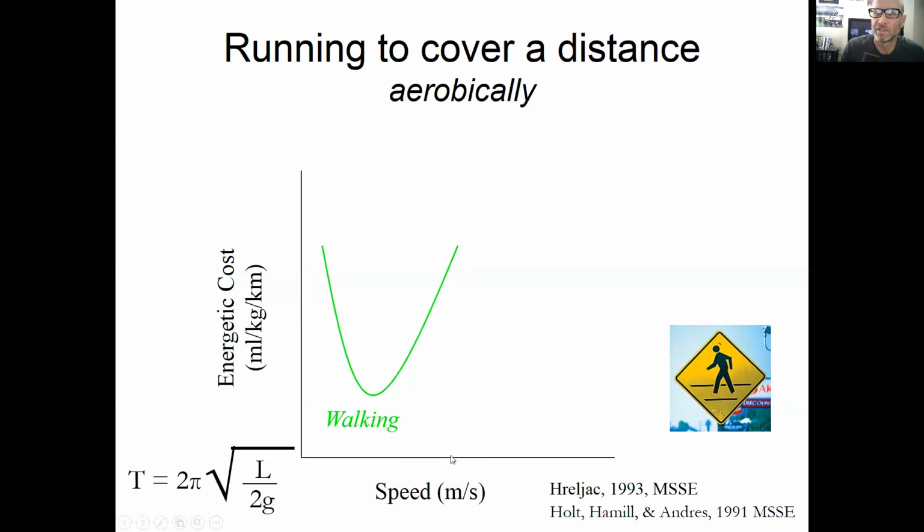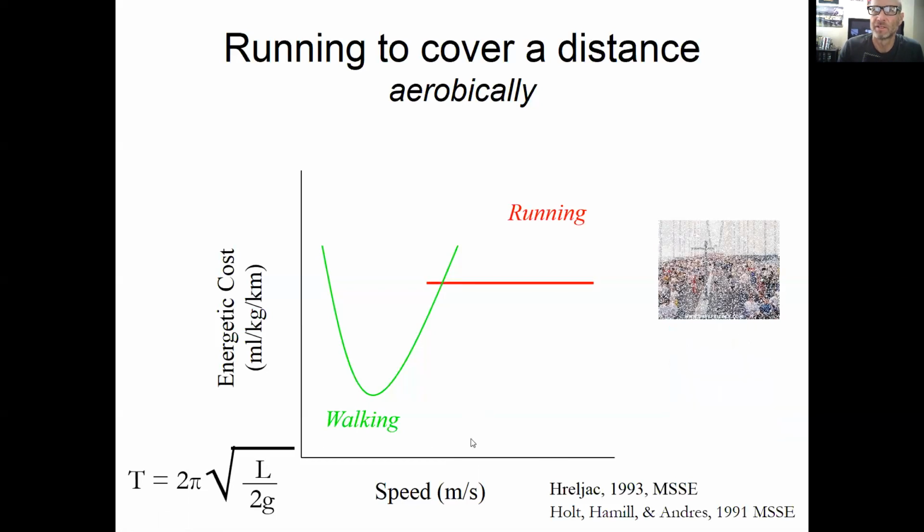So now let's continue this example, and we start deciding to run. And then we want to run faster, and then we want to run faster and run faster for a kilometer, or maybe a mile if we want to put it in that units. Well, interestingly, if we measure the amount of oxygen to cover that distance at any of these speeds, running is the same energetic cost of locomotion.